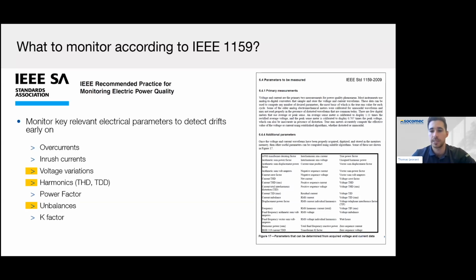That's what we're going to look at today. But there are a lot more parameters that can be measured and monitored for site operators, for facilities managers, to understand what's going on within their electrical installation. So I highly recommend the 1159 handbook standard, which is really good, almost like a technical note, a guideline to understand power quality in electrical installations.